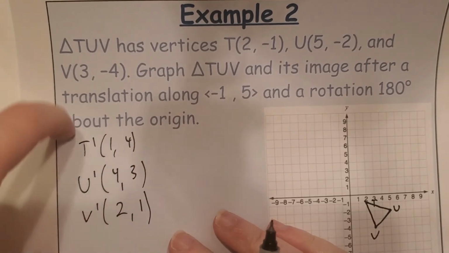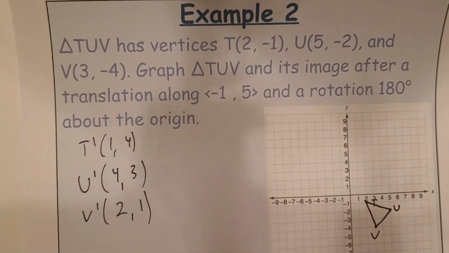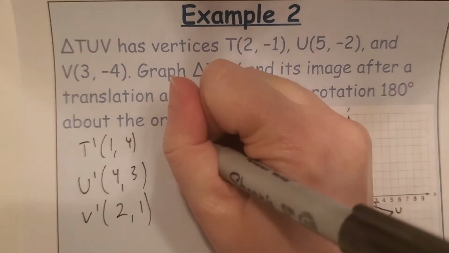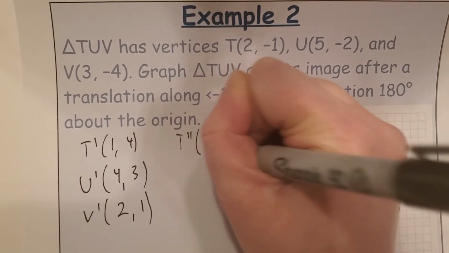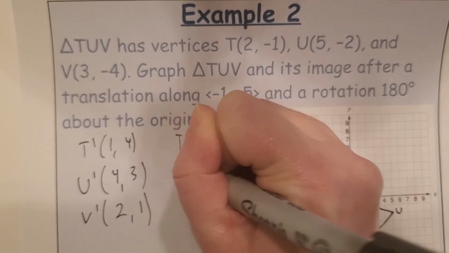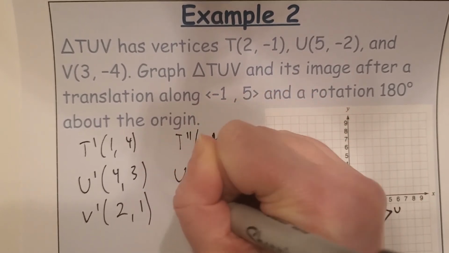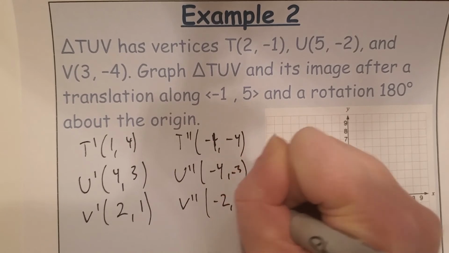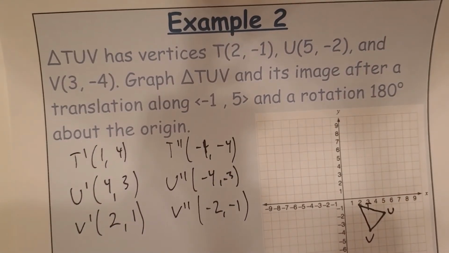Then we're going to take all these points and rotate them 180 degrees about the origin, which is, again, just switching the signs of everything. So T double prime is -1, -4. U double prime is -4, -3. And V double prime is -2, -1. And those are the points that we're going to be plotting for our final image.